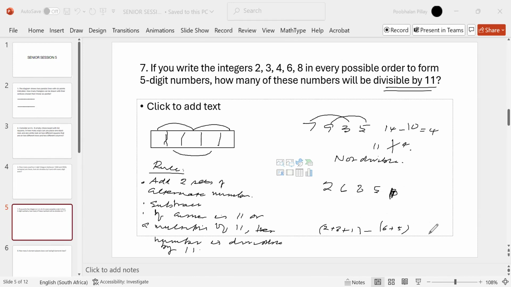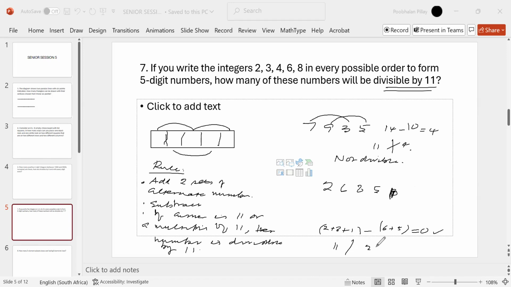Subtract the two, you get 11 minus 11 is 0. And 0 is a multiple of 11. Why? Because 11 times 0 is 0. Those are the multiples of 11. So the answer is yes, 11 goes exactly into this.